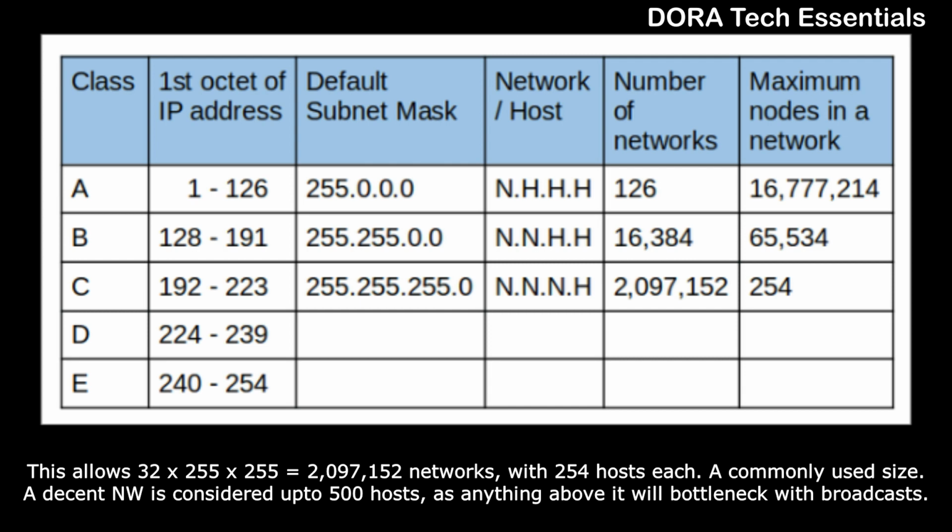This allows 32x255x255 equals 2,097,152 networks, with 254 hosts each. A commonly used size. A decent network is considered up to 500 hosts, as anything above it will bottleneck with broadcasts.